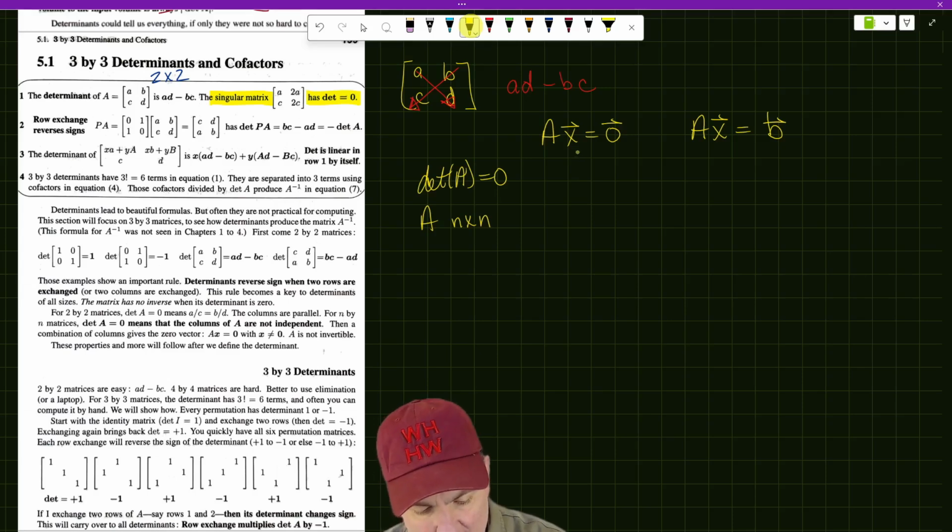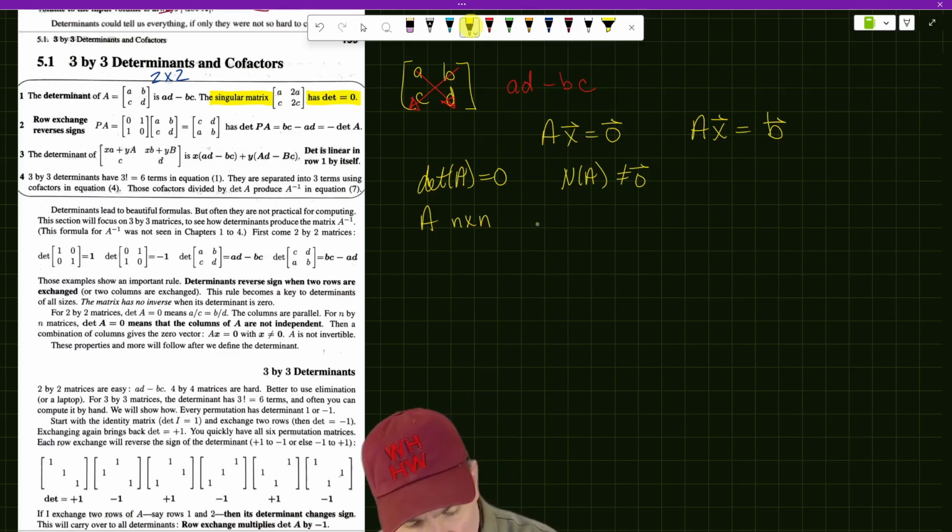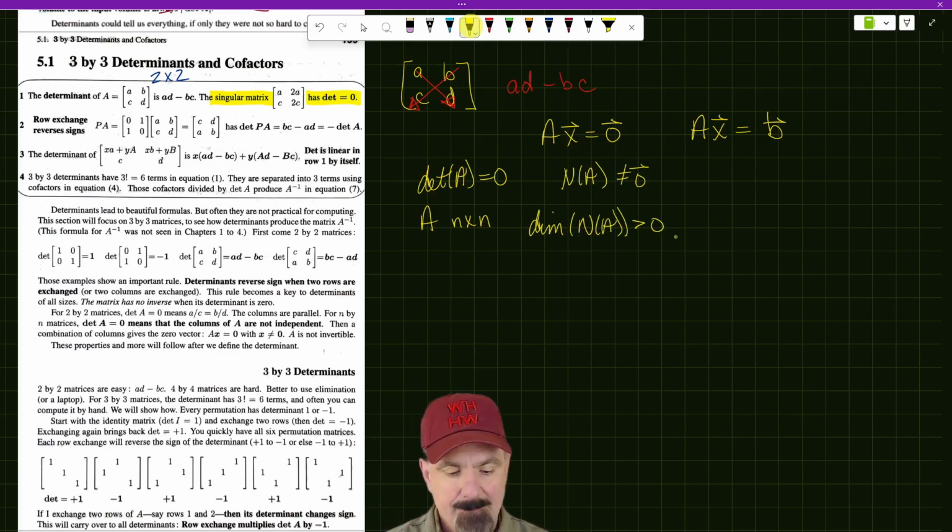What does it mean that A is singular? Well, in the case of the homogeneous problem, it means that the null space of A is not just the 0 vector, that there is at least a dimension 1 vector space for the null space of A. So we know that the dimension of the null space is greater than 0. Okay.